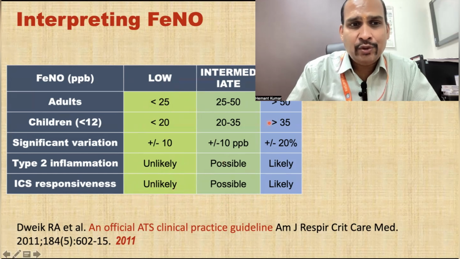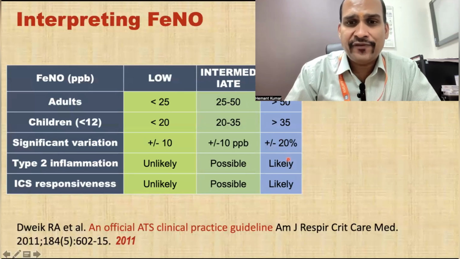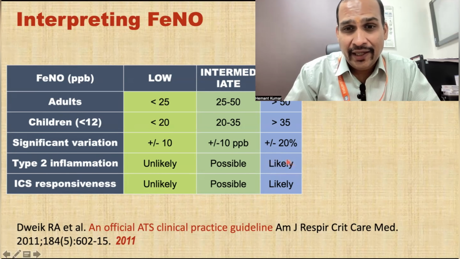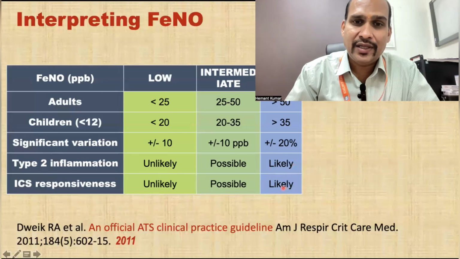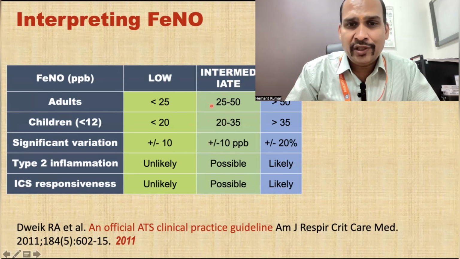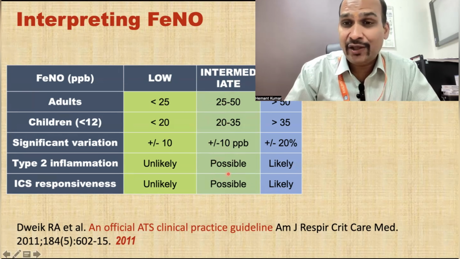If any patient has FeNO more than 50, then type 2 inflammation is very likely, and they will respond to steroids also. The problem is in the intermediate range. Between 25 and 50, there is possible type 2 inflammation, but we cannot be sure.